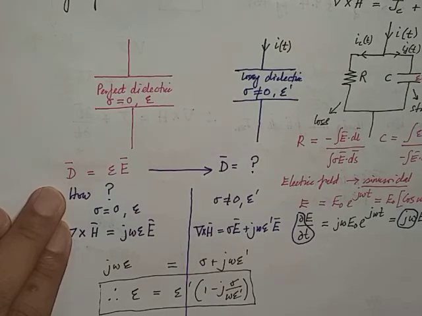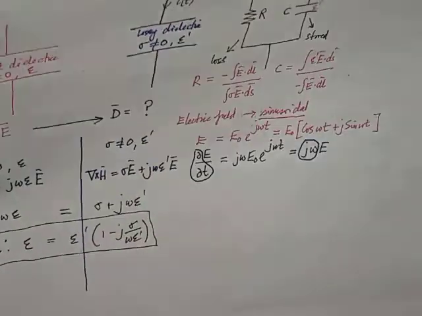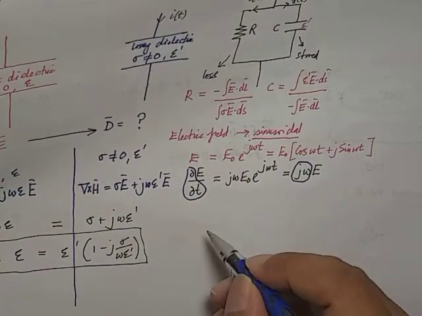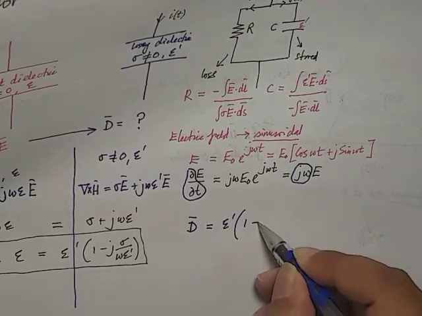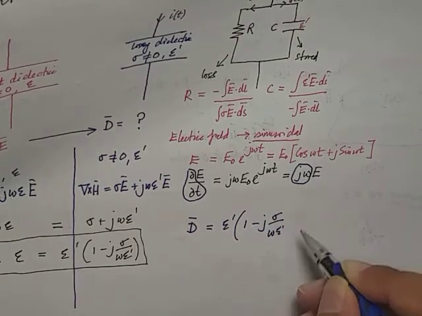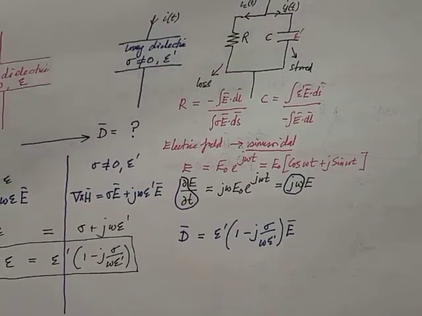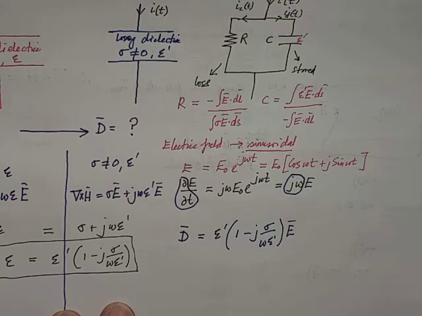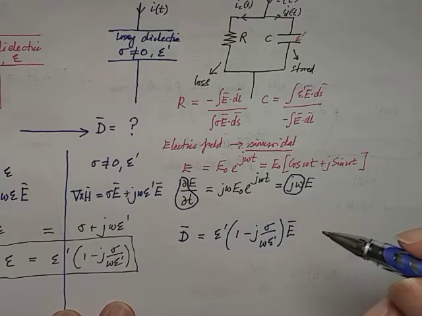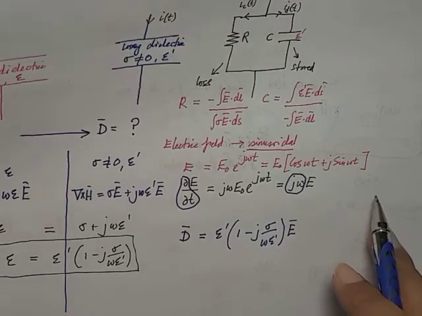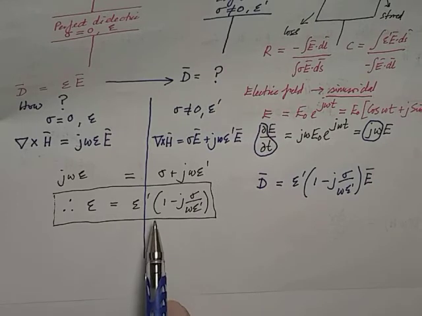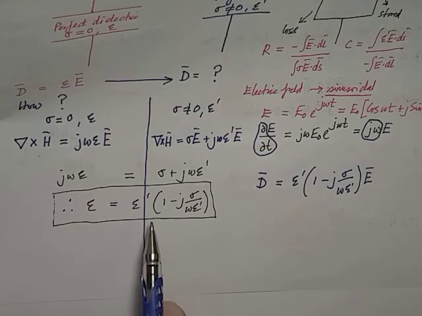Perfect dielectric can still be used in the world of lossy dielectric by denoting now in lossy dielectric the D going to be equal to epsilon prime 1 minus j sigma over omega epsilon prime multiplied with E. So that is the thing that we need to do in order to use whatever equation that we derived in the world of electrostatic based on perfect dielectric to be used in the world of electromagnetic based on lossy dielectric by converting the epsilon to be in the complex term. Okay, that should be very important.